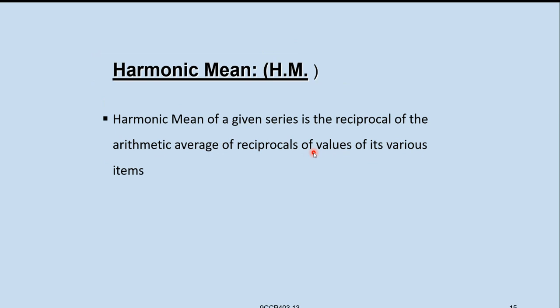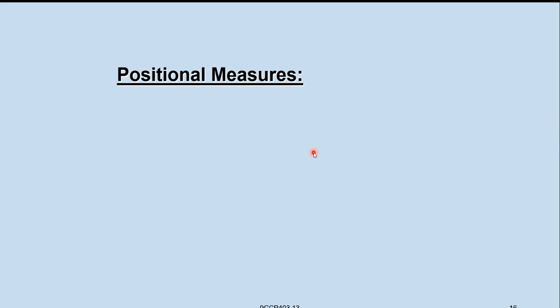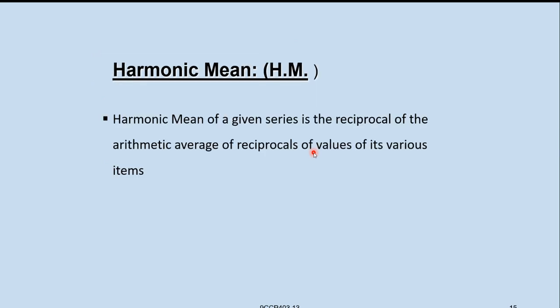Now we will see what is harmonic mean. A harmonic mean of a given series is the reciprocal of the arithmetic average of reciprocals of values of its various items. Reciprocal means a number, for example, 5. The reciprocal of 5 is 1 by 5. So that is the reciprocal meaning.